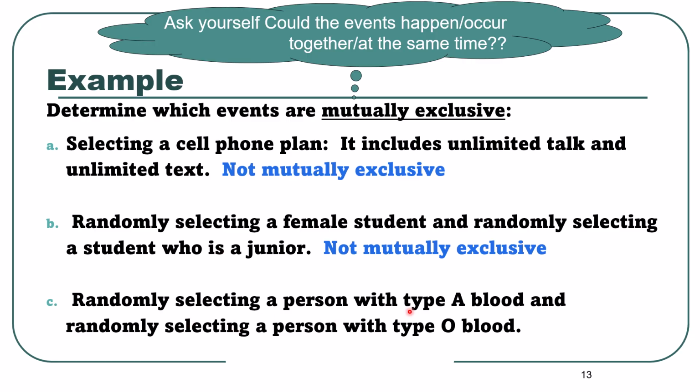Randomly selecting a person with type A blood and randomly selecting a person with type O blood. Could the same person have type A blood and type O blood? No. So these are mutually exclusive, because if that person has A, he or she will never have blood type O.